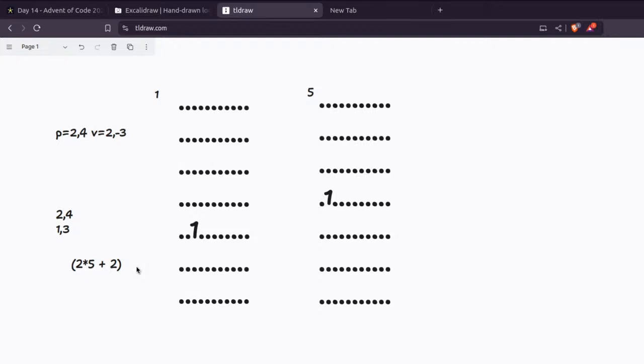So it will be 12 mod 101, which will be 12, and then if it is within the bounds, we need to add that component to it, or no?